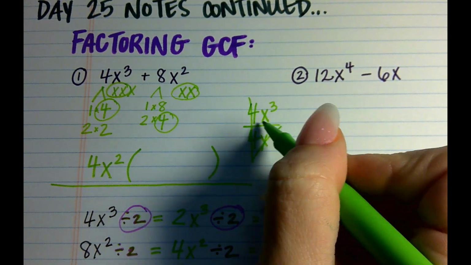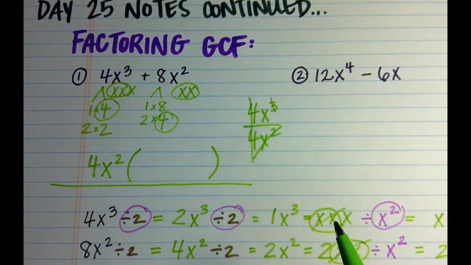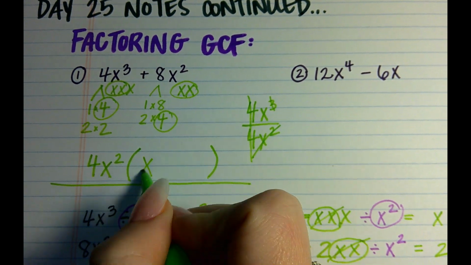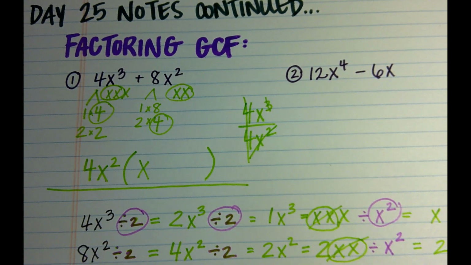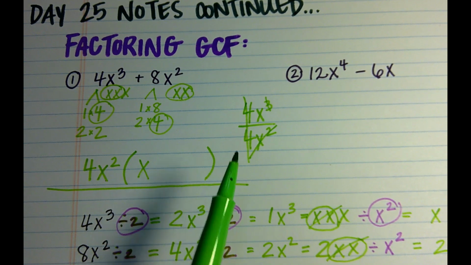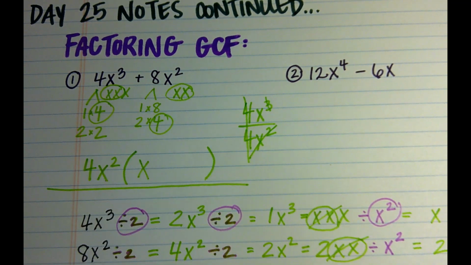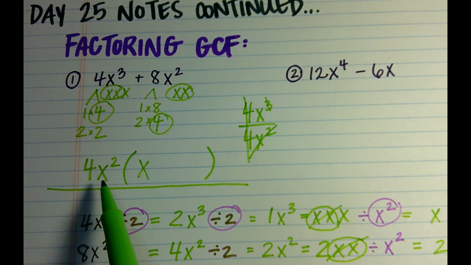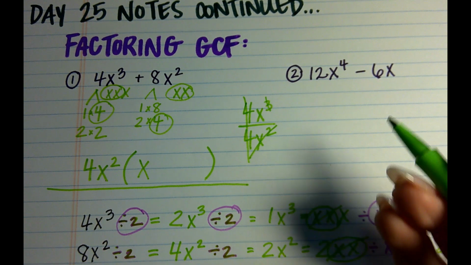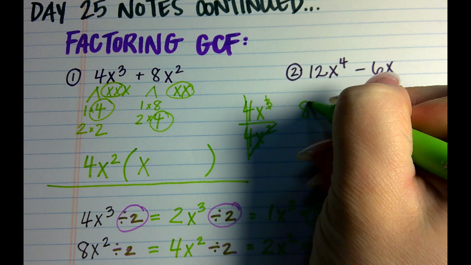So this cancels and we end up with x. We have 8x squared also being divided by 4x squared. X plus 2.